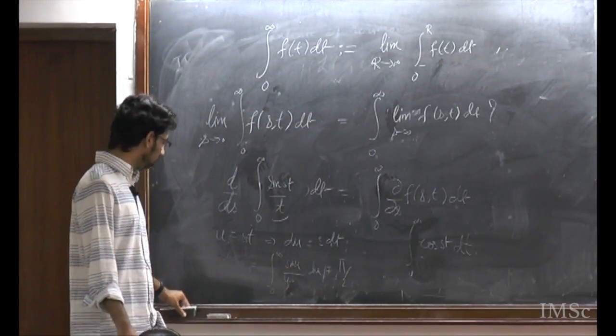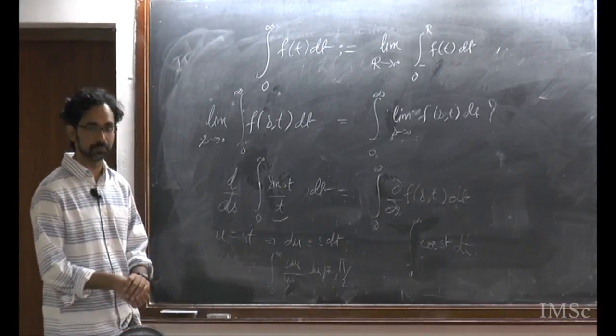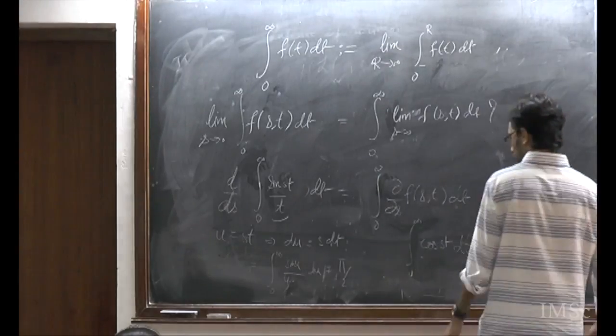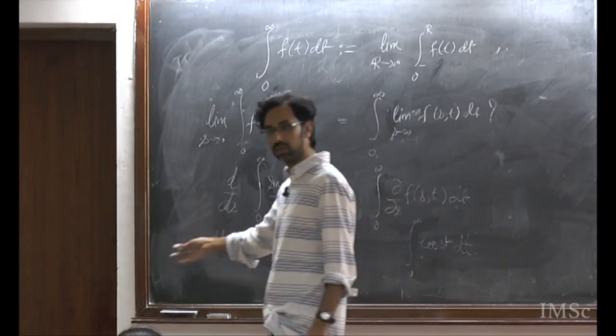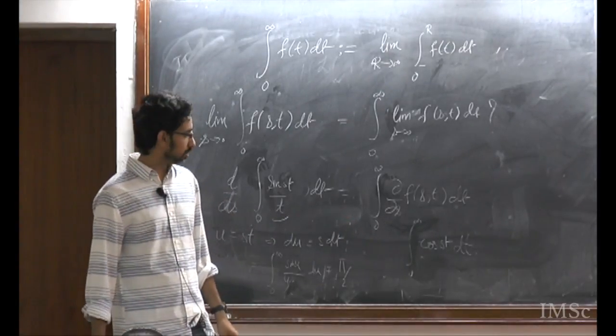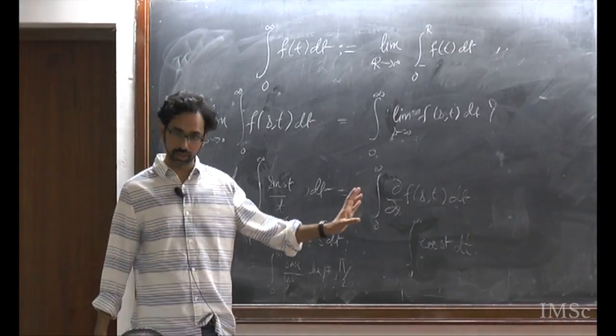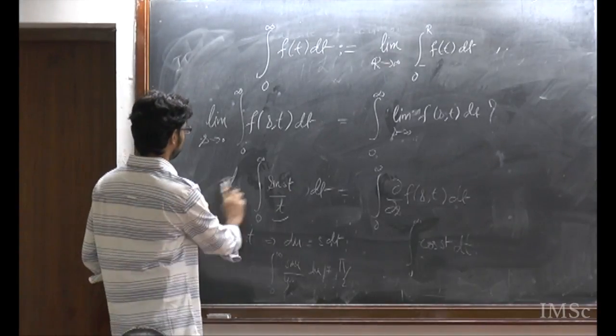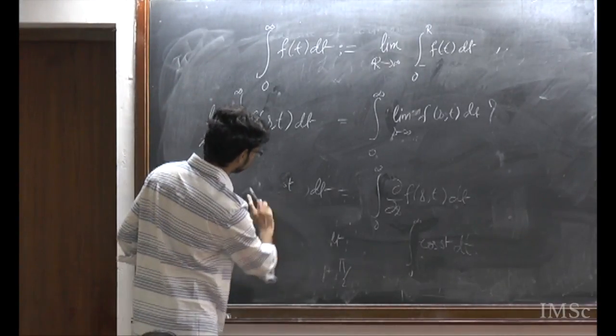Is this integral well defined? No, this is a divergent integral. So on the one hand you get 0, and on the other hand you have something not defined. So you cannot just swap things without checking the right conditions.